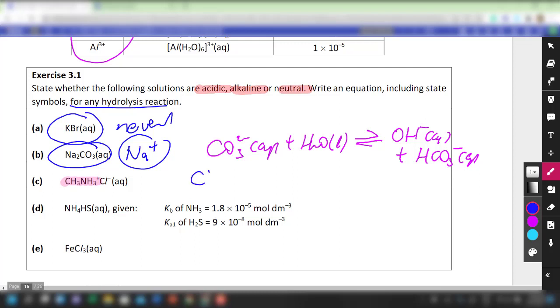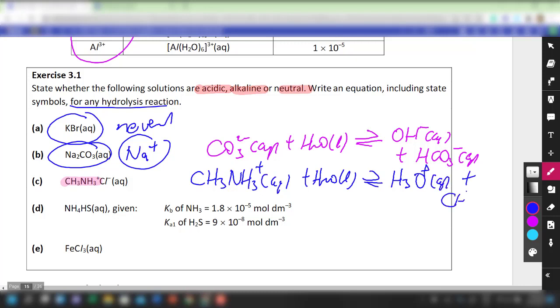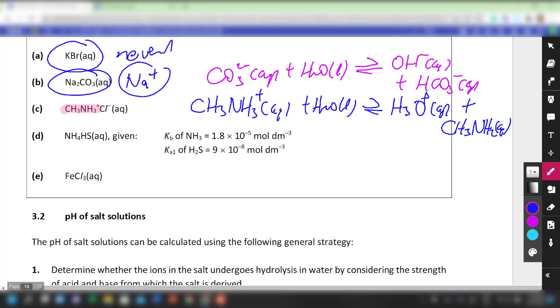So you expect methyl ammonium, this conjugate acid, to undergo partial hydrolysis in water, and in the course of the reaction, it gives you a little bit of H3O plus and the conjugate base, in this case methylamine.